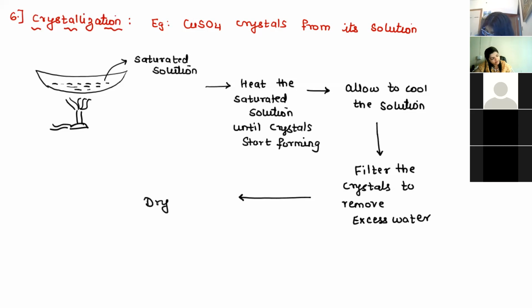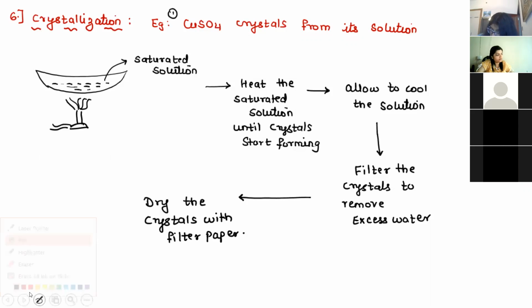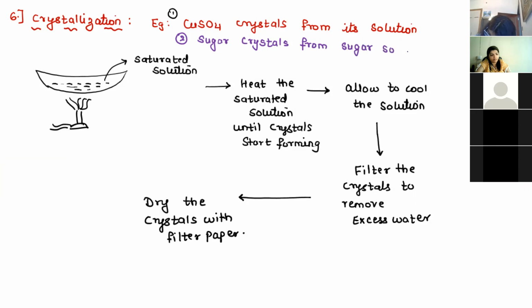Dry the crystals with filter paper. That is how you obtain the crystals. One example is copper sulfate crystals from its own solution, or another example, sugar crystals from sugar solution.